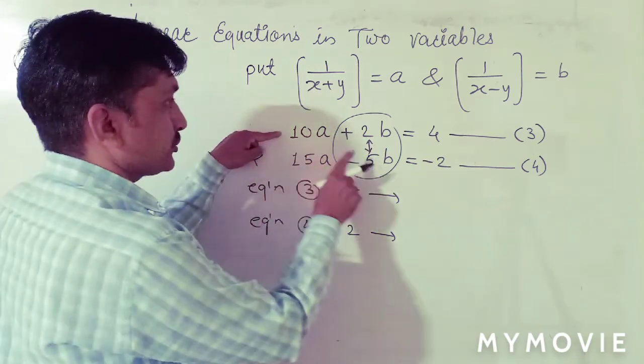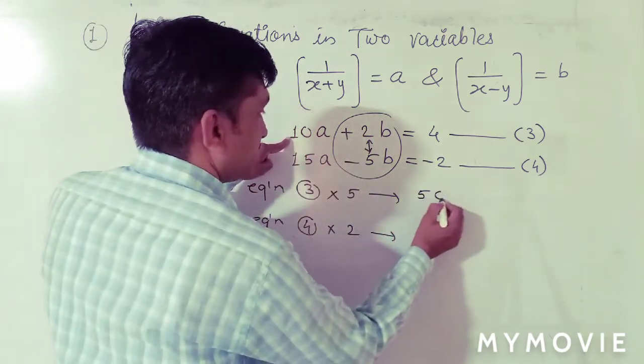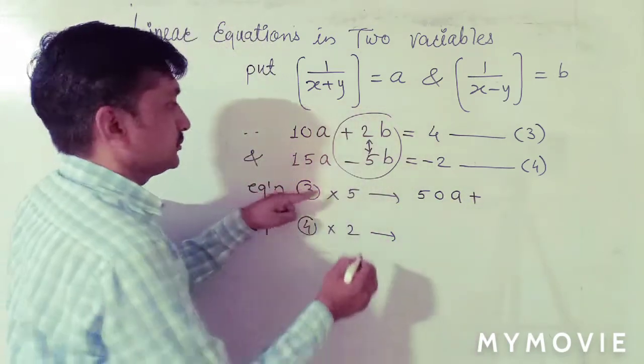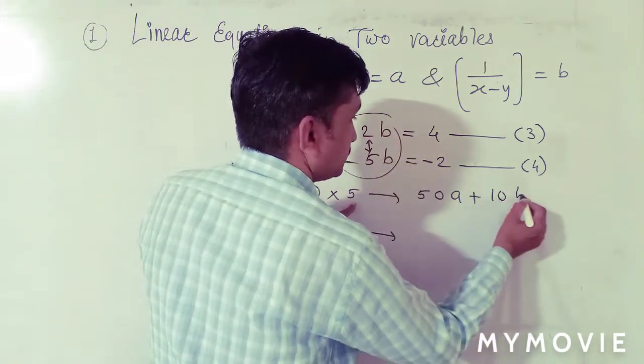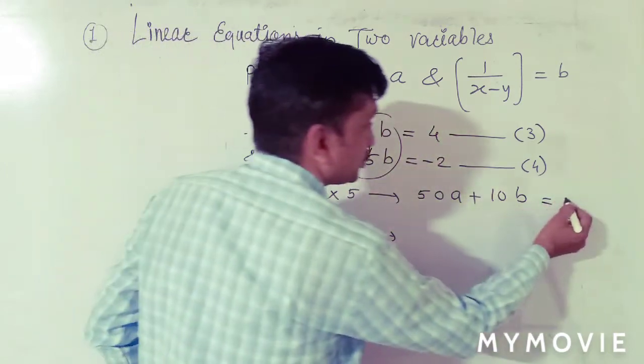Now let's multiply equation 3 by 5. 10 fives are 50a plus 2 fives are 10b is equal to 4 fives are 20.